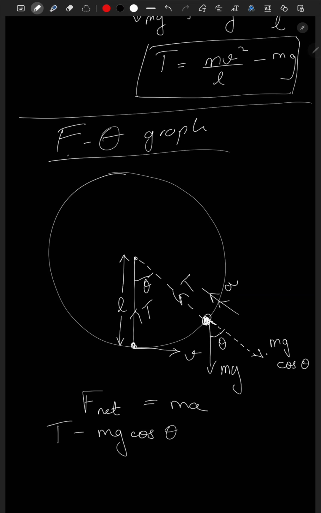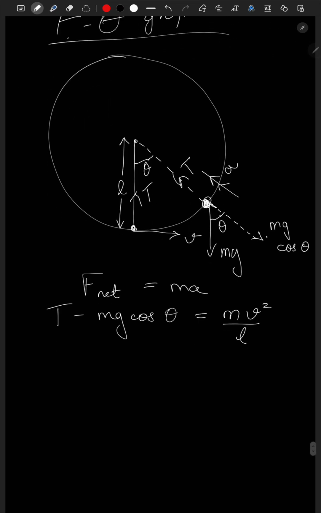So T minus mg cos of theta is equal to mv square over L. And therefore T is just mv square over L plus mg cos of theta.